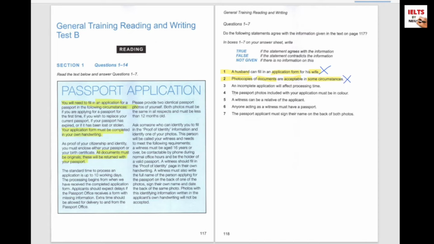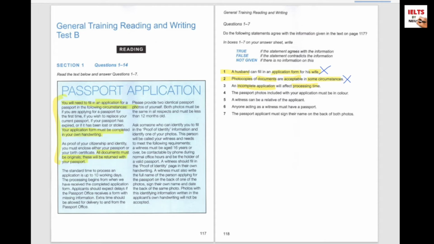An incomplete application will affect processing time. So incomplete application and processing time, keywords are here. But we did not find anything in these two paragraphs. Now let's move on to the next one. The standard time to process an application is up to 10 working days.